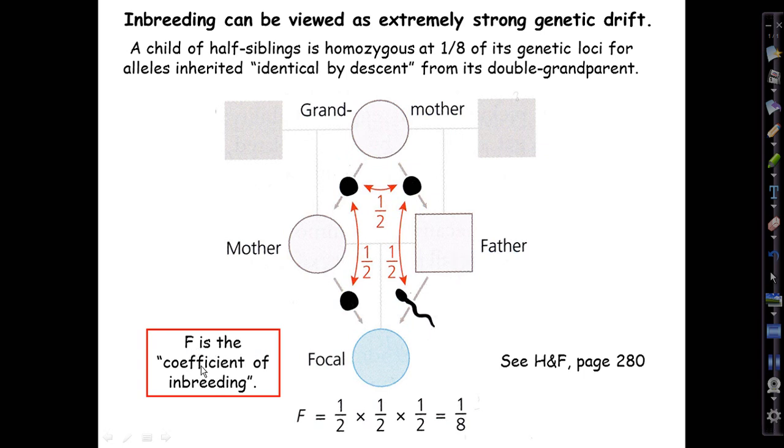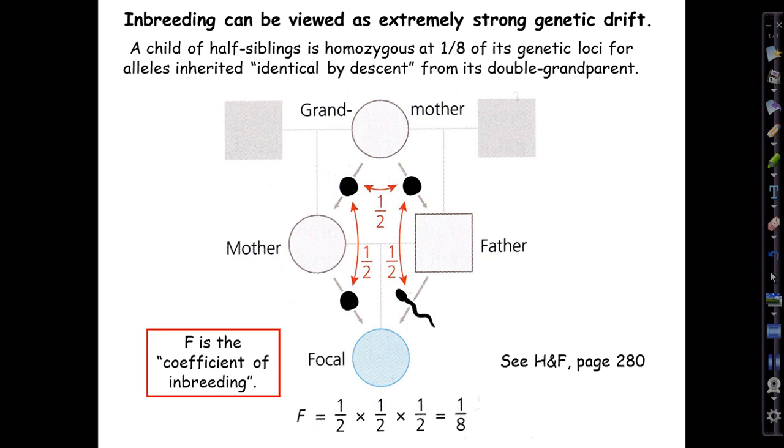The inbreeding coefficient for such a mating is an eighth, which means an eighth of all alleles are identical by immediate descent from the double grandparent. If grandma is carrying one of those deleterious recessive alleles we talked about in the recent lectures, that could be quite harmful if homozygous, but perfectly tolerable if heterozygous.